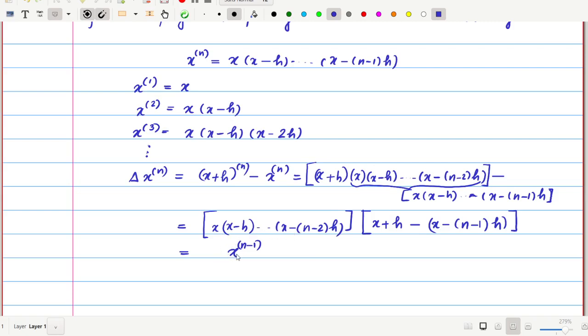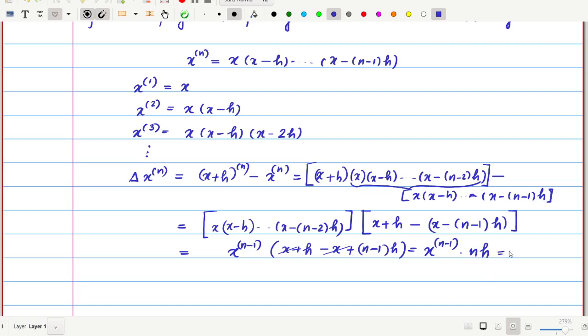So this will be x of n minus 1, and this bracket will give x plus h minus x plus n minus 1 times h. So this is a factorial polynomial of degree n minus 1 starting from x, and we can cancel these two x's, and one more h also, so the remaining will be n times h.